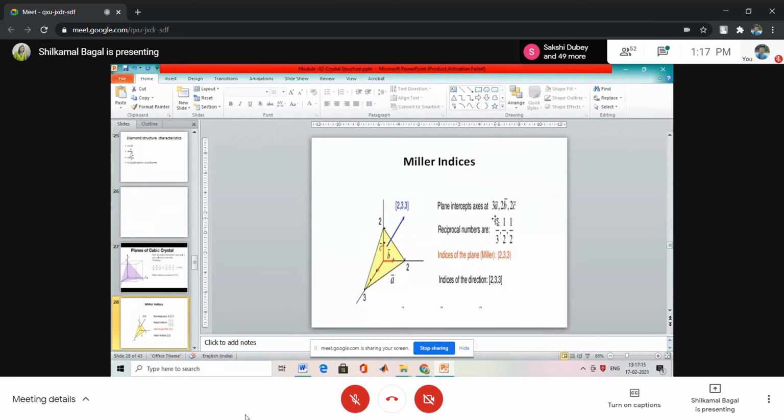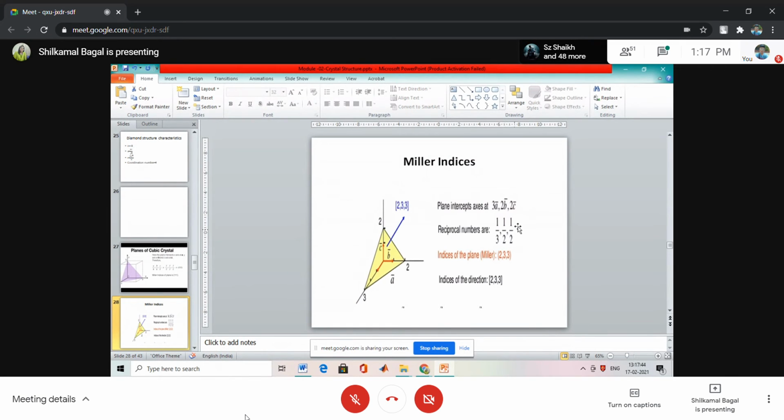Got it? How are the indices of the plane given? First of all, take the intercepts made by this plane along the crystallographic axes A, B, C. Then take the reciprocals of these intercepts, that is 1/3, 1/2, 1/2, for example. Then convert these reciprocals into integers. Miller indices are always integers, they are never fractions.